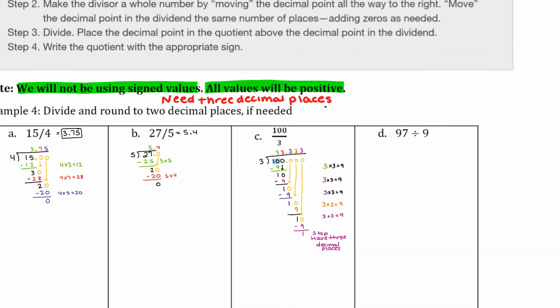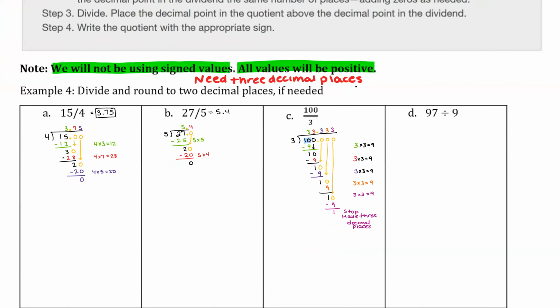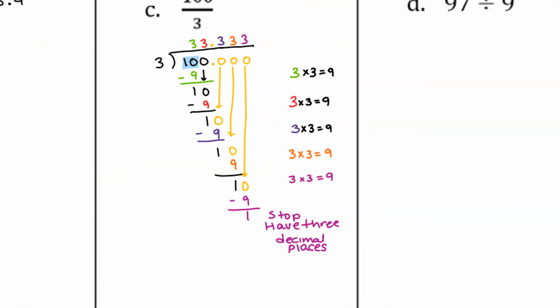Now, again, why did I stop at 3 decimal places? Well, because I wanted to round to 2 decimal places if needed. So the third space tells me whether to keep or bump. So what I've got here is 33.333. I'm rounding to 2 decimal places, so that's here.